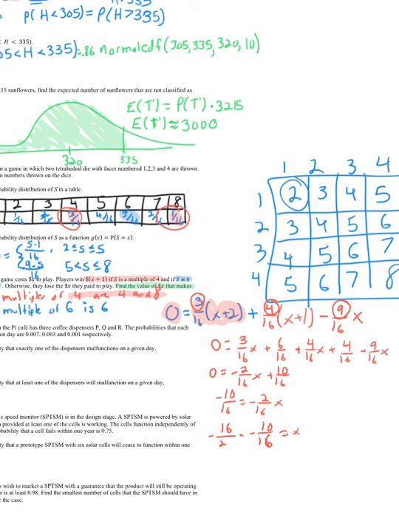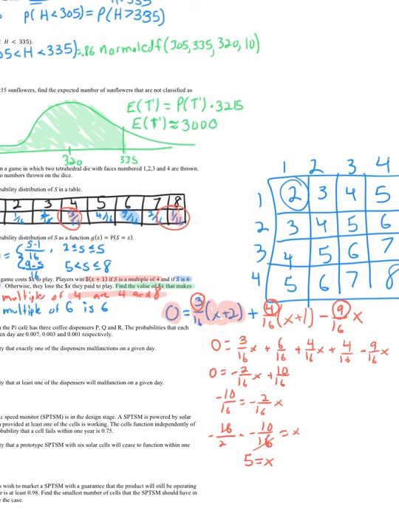And then for my expected value here, the 16s go away and I get 10 divided by 2. So I should get x equals 5. So to make this game fair, it means I should be charging $5. So that way it's a break-even game. So I'm not expected to make any money. I'm not expected to lose any money if I'm putting the game on.